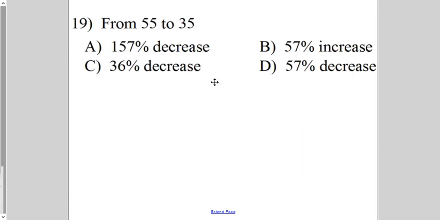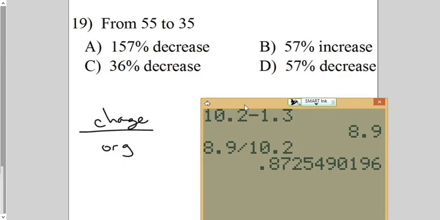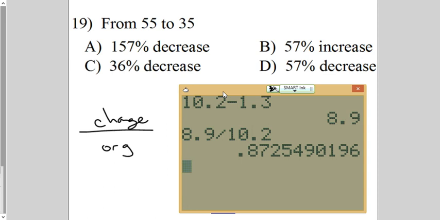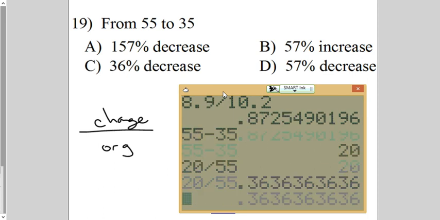Now we can go a little bit faster. Subtract the numbers for your change. That'd be 20 on top. And our original number was 55, so we divide it by 55.